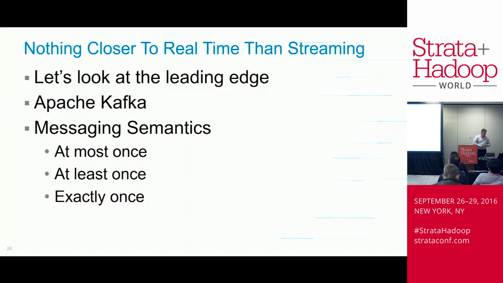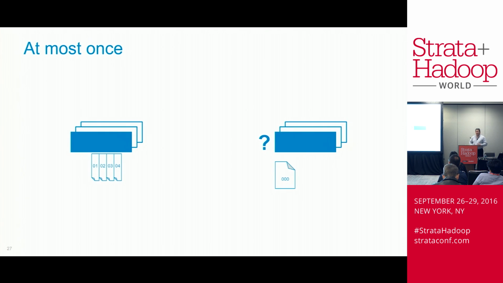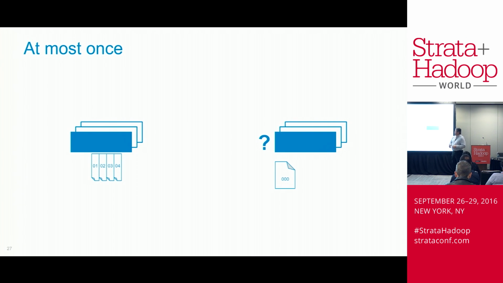So when we talk about at most once, what that means is only one time. Never send it more than once. So what happens is I dequeue from my message queue over here, I write it over here, I tell the queue I've consumed it, and then I save it. So what could happen?